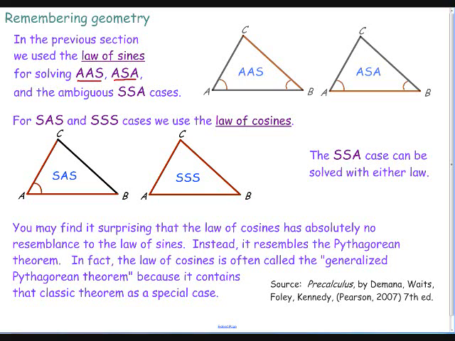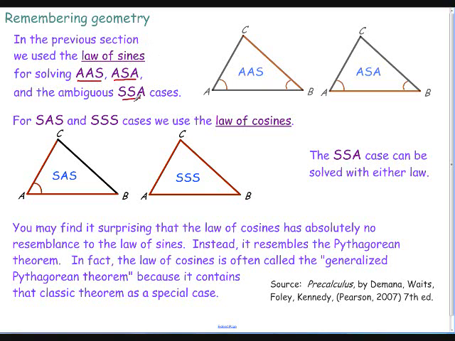So, picking up from our geometry lessons of a couple years ago, here we have an angle that's given, another angle that's given, and then a side which is not between them. We also have angle, included side, angle. Either one of these is a perfect candidate for law of sines.